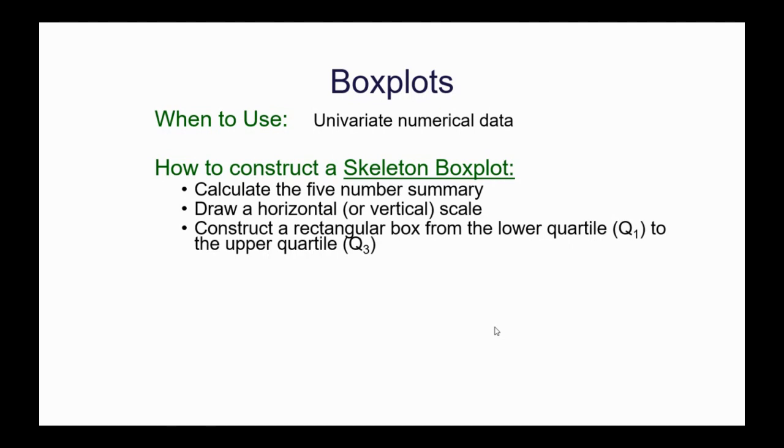The rectangle is made from the lower quartile Q1 to the upper quartile Q3. Then inside the rectangle, we'll mark where our median is. So we'll draw a line at the median. And in case you haven't noticed, I know we haven't had a blank yet, there's our first blank, median.